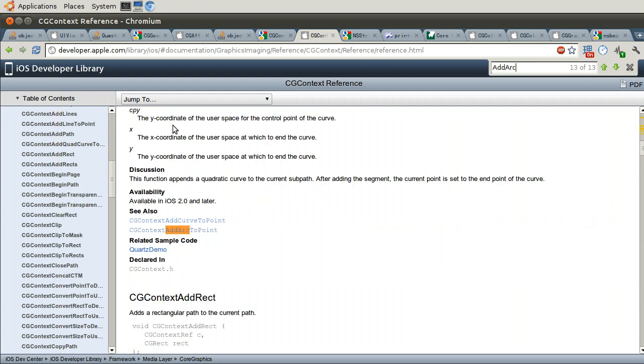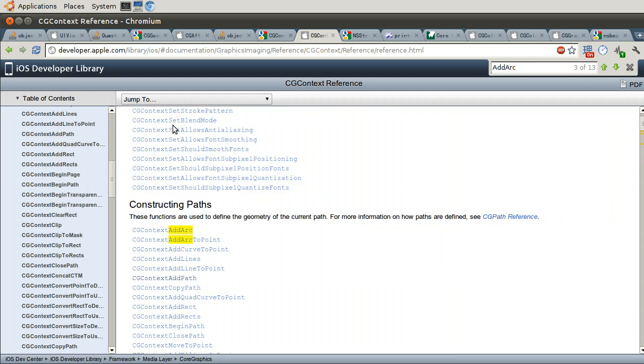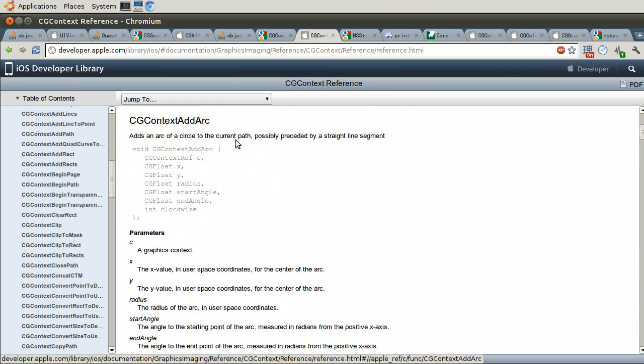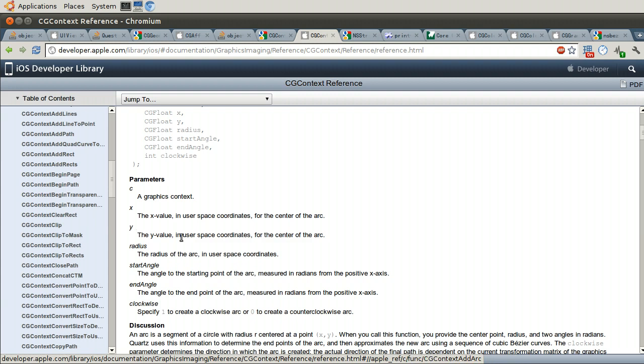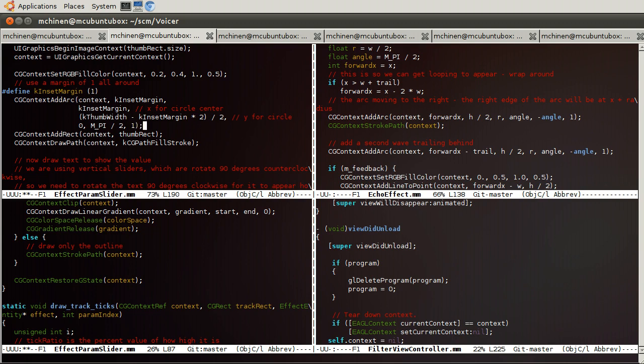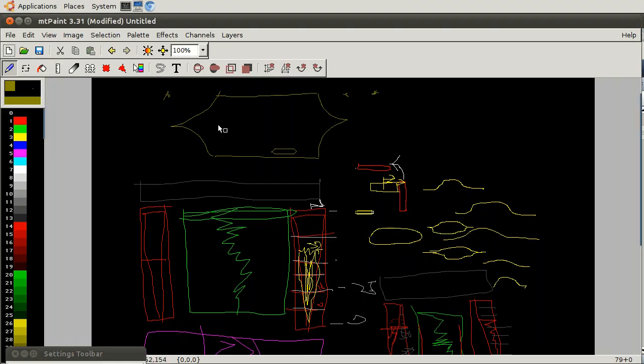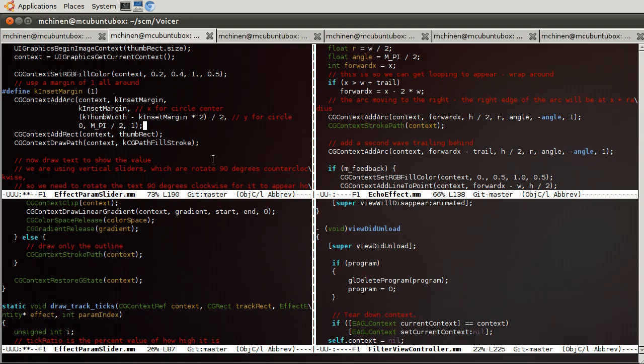Add arc. Clockwise, yep. So this will get us from here to here. So now we're here, and we want 3 times pi over 2 to 0. Maybe you have to put 2 pi, I'm not sure.